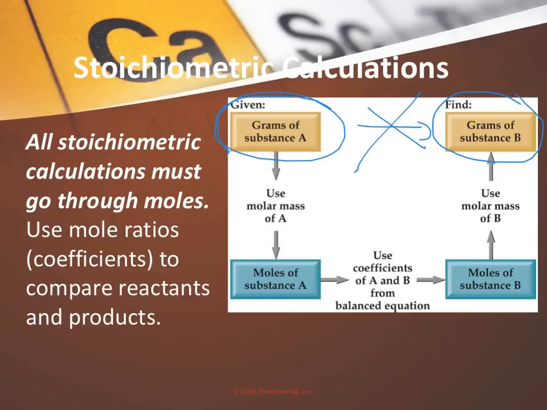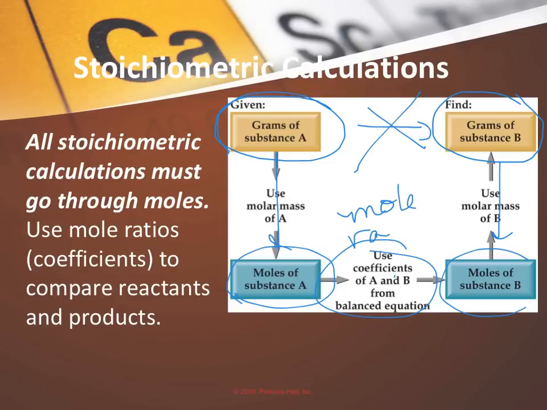Every substance has a different molar mass, so it's like comparing apples and oranges. You need to get both substances to moles, and once you have moles of each substance, then you can use the mole ratio to compare those two.